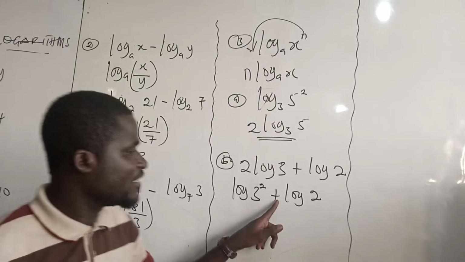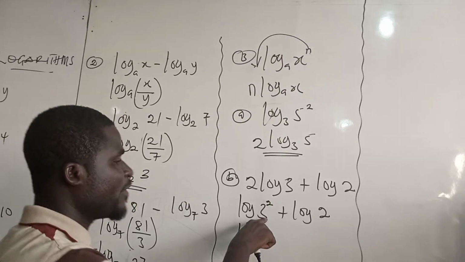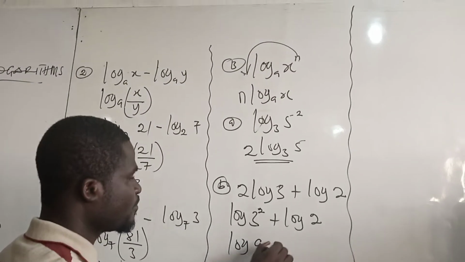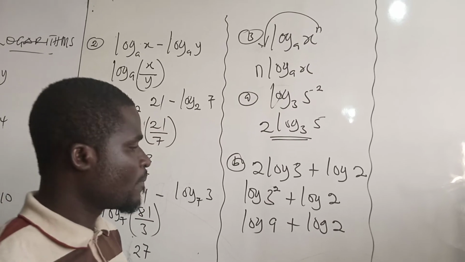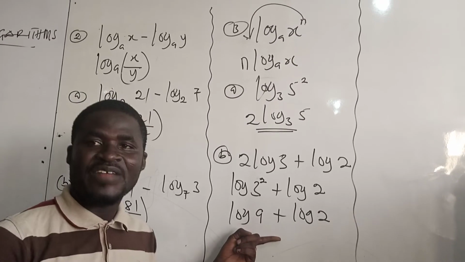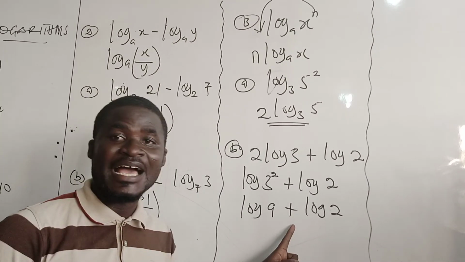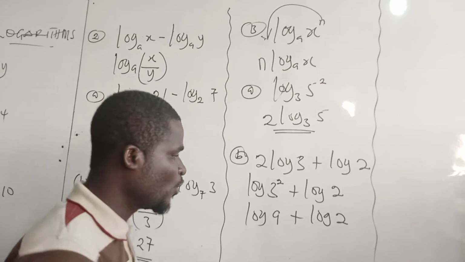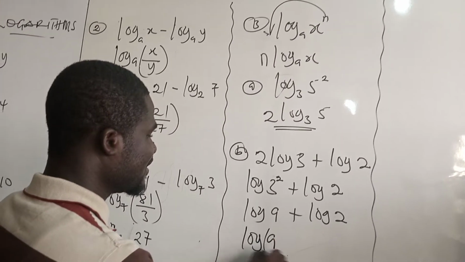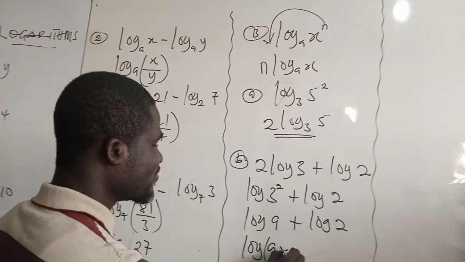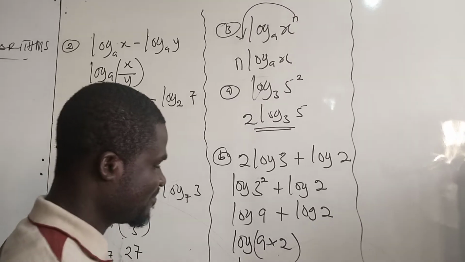So it's addition. Now, log 3 squared will give us 9 plus log 2. Now if you come back to the first law, the first law says that we should what? Multiply, because they are adding. So they are saying that log 9 times 2, that will give us log 18.